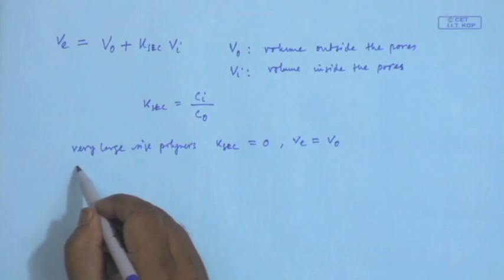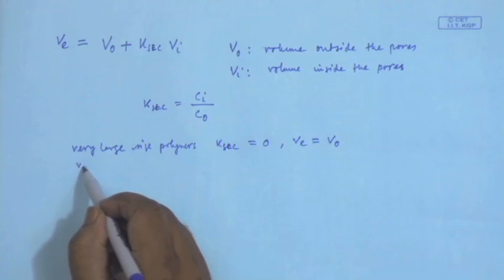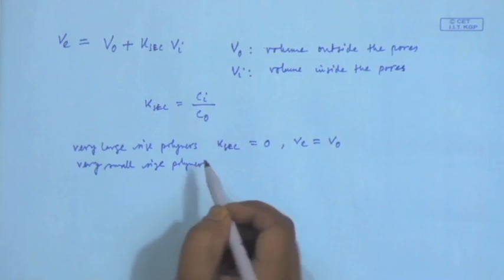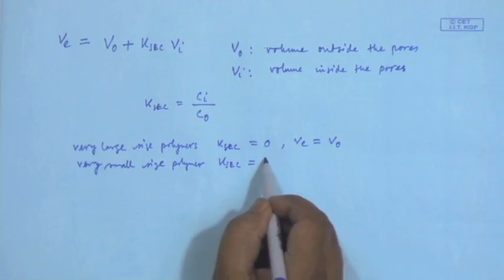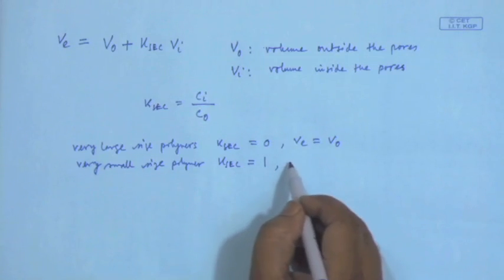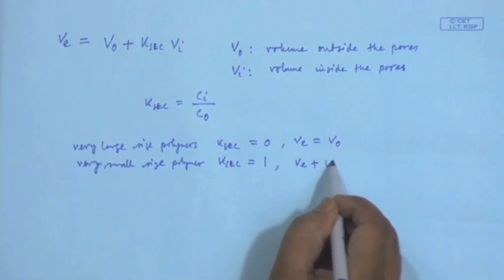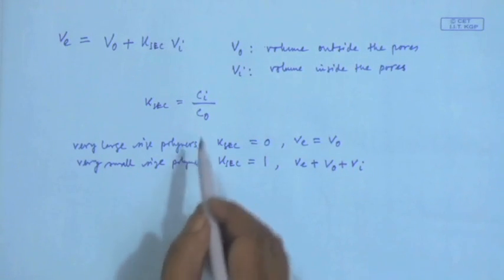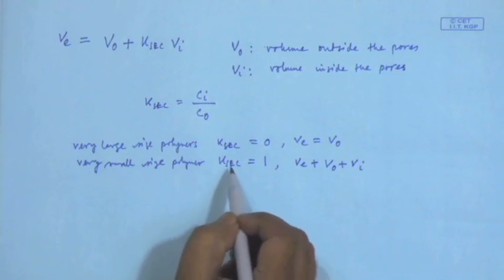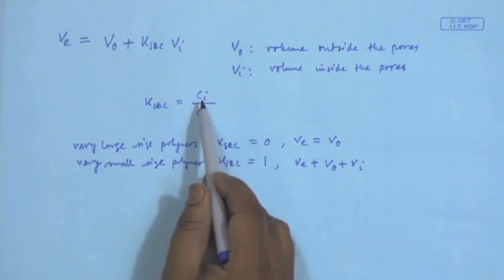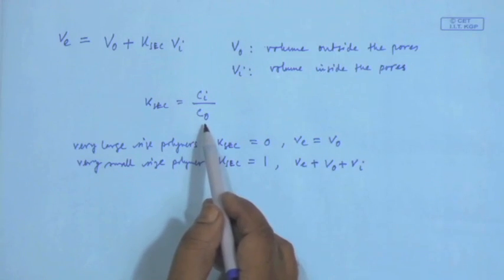If the polymer size is very small, then almost exclusively they will enter the pores, and K_SEC will be 1, which gives us V equal to V0 plus V_i. So, K_SEC is basically the equilibrium constant, because of the partition of polymer molecules inside the pores and outside the pores.